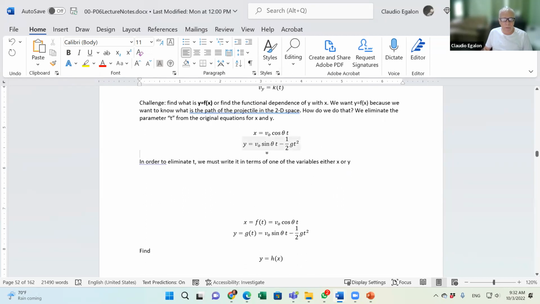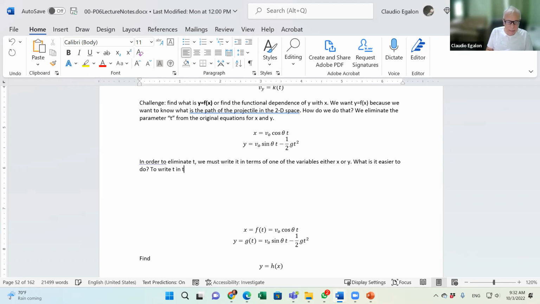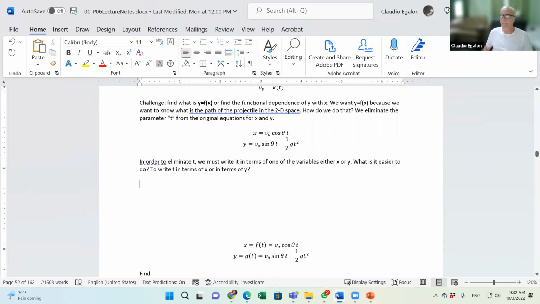We can write t in terms of x, or we can write t in terms of y. But if you look at the equations, what is easier to do? Is it easier to write t in terms of x, or in terms of y? Think a little bit about that.